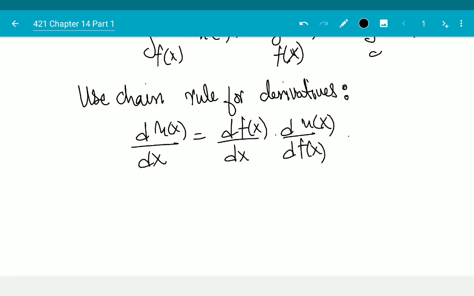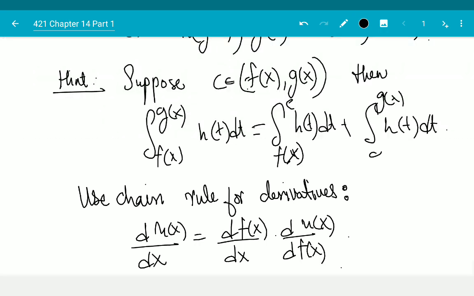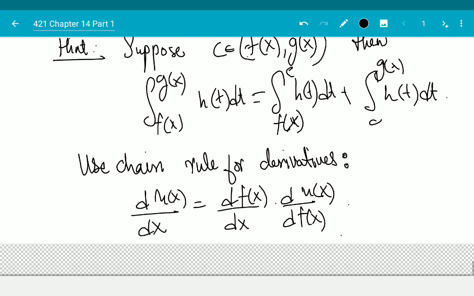Okay, that's the chain rule for derivatives. If you use that properly, this should be really easy, right? Yeah, that's my big hint.